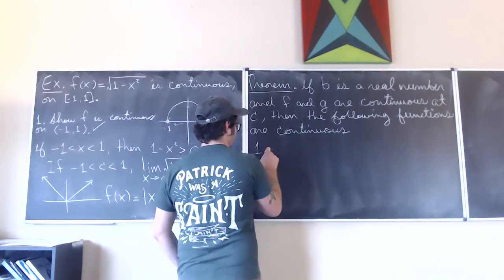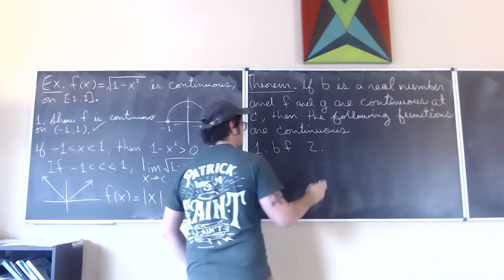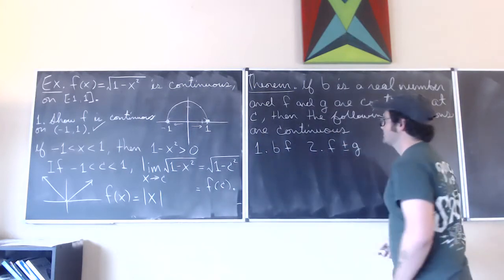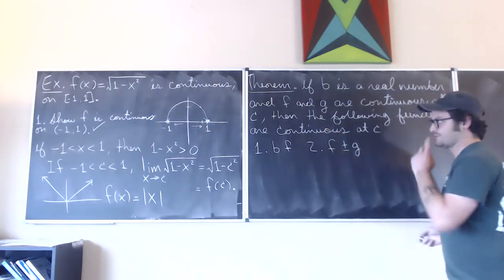So 1, B times F, 2, F plus or minus G, are continuous at C, at the point C.